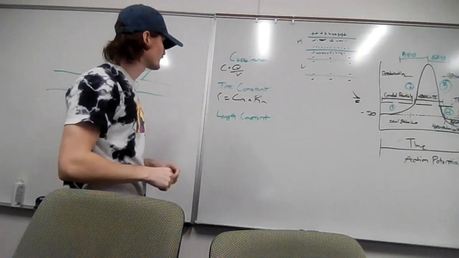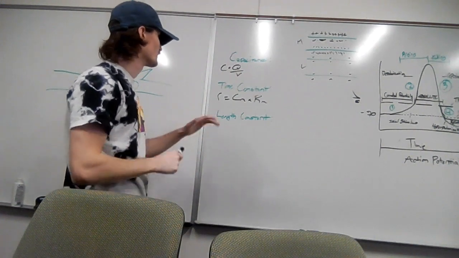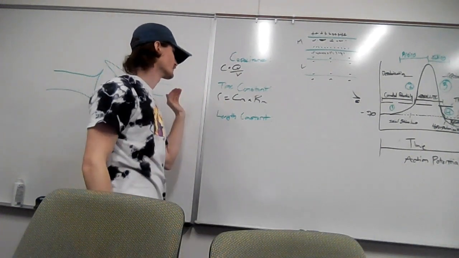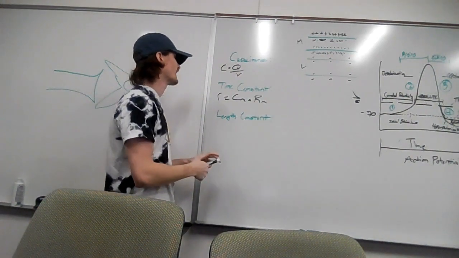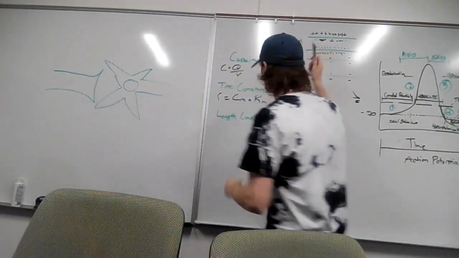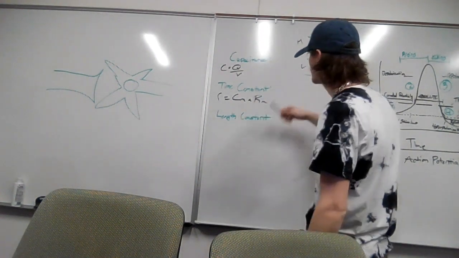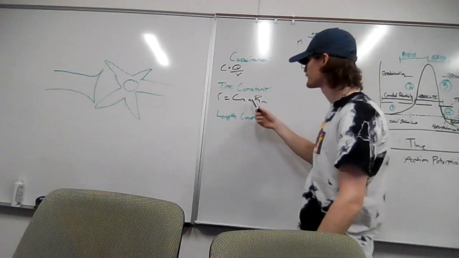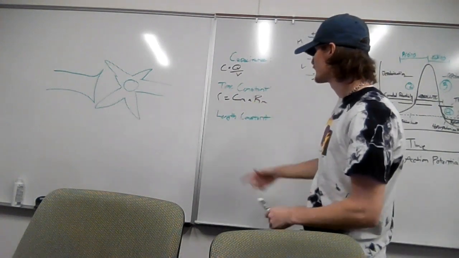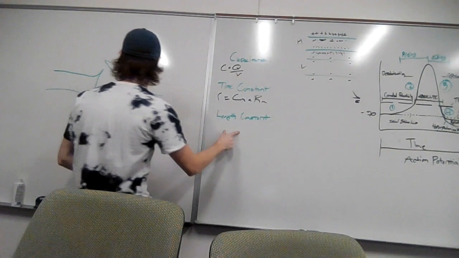What this is basically saying is, how long is it going to take for a signal to get to where it needs to go? If we have a lot of charges, that is going to influence how long it'll take. If we have a lot of resistance inside, that's going to influence how long it's going to take. And length constant is another thing.